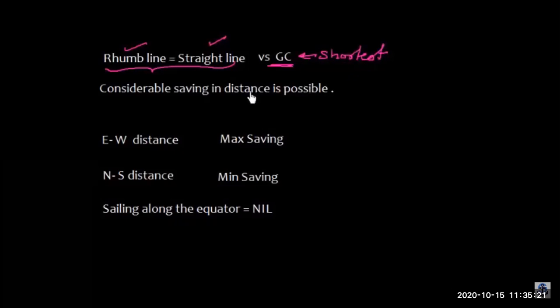We'll have a lot of saving of distance in large courses, if we are going, suppose, from Europe to North America, across oceans. So in the east-west direction, we have the maximum saving, and in the north-south direction, we get minimum saving because you are traveling along the path of the meridian.